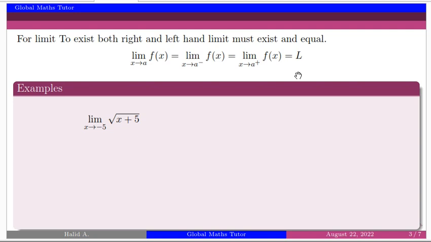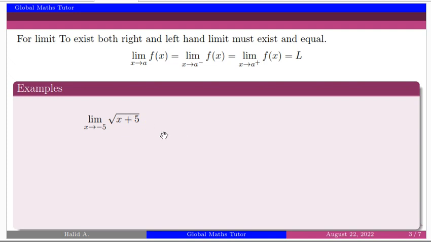Let's see some examples. Suppose we want to determine the limit of radical x plus 5 as x approaches minus 5. The radical of a negative number does not exist. At minus 5, minus 5 plus 5 is 0, so radical 0 is 0, so it is defined at minus 5.